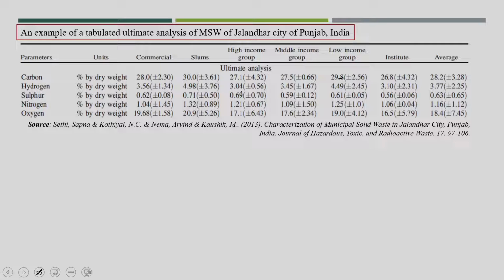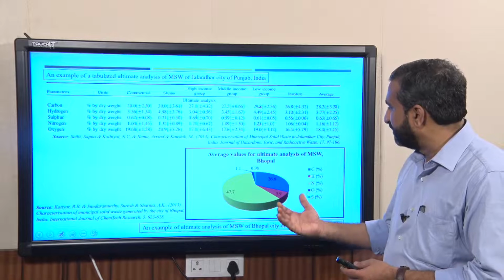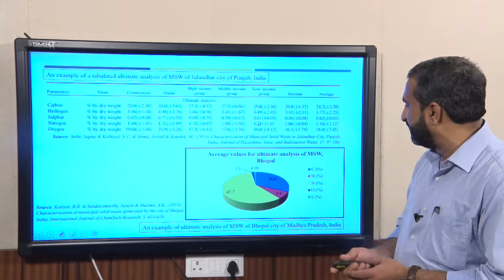Based on that, nitrogen of 1.21% is also good for the degradation facility. And this is another data set where the carbon concentration is 26% and nitrogen is 47.7%, which means this waste is good for the biological treatment facility.